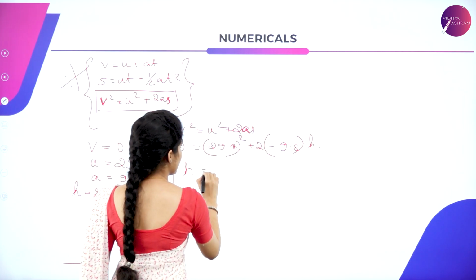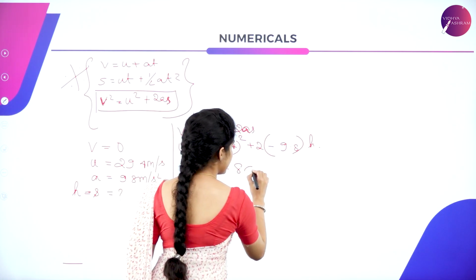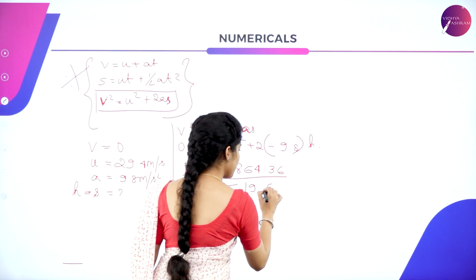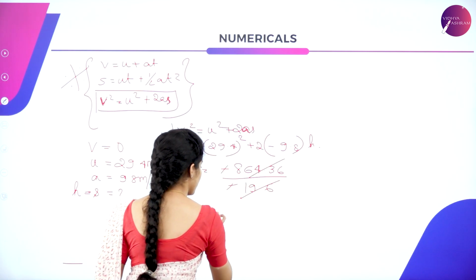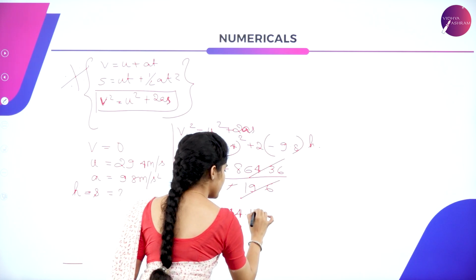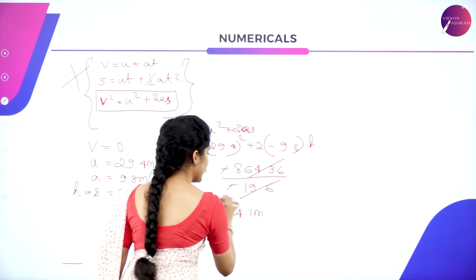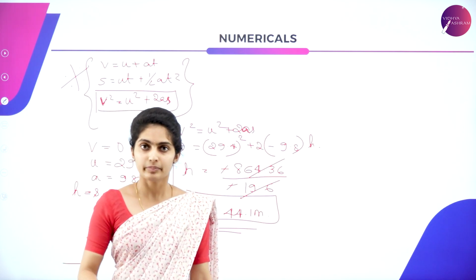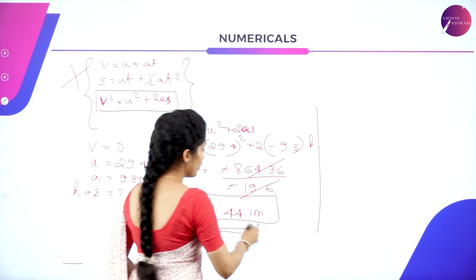So h is equal to minus 864.36 divided by minus 19.6. On cancellation, you get 44.1 meter. So your height, the vertical distance, is 44.1 meter. That is all about your height.